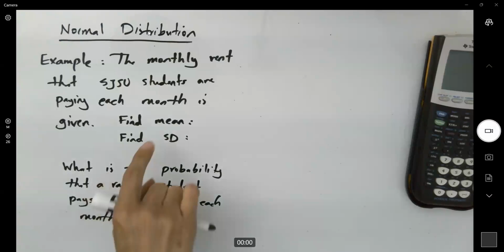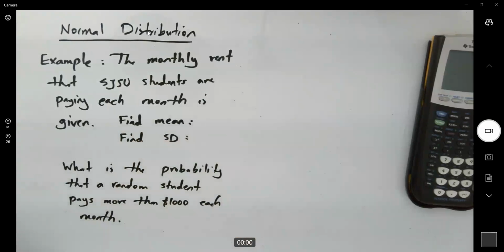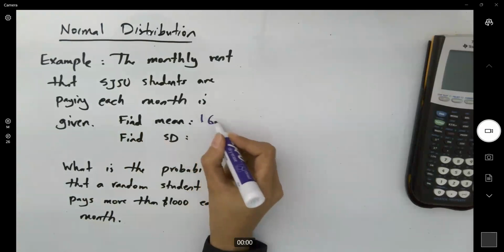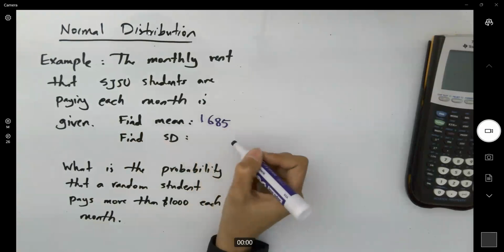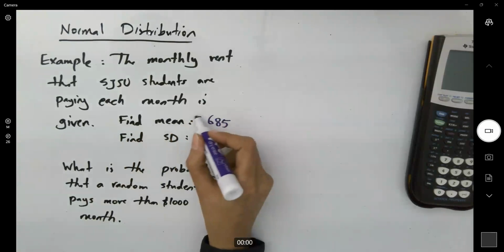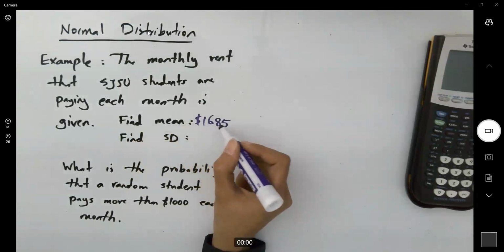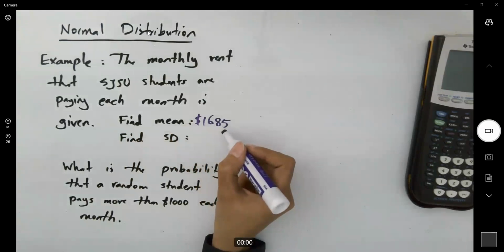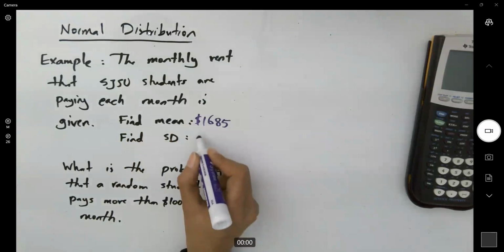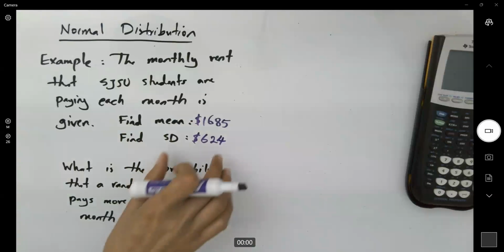So the mean is 1,685. Let's just keep it as dollars. They pay around $1,685 with a standard deviation of approximately $624.